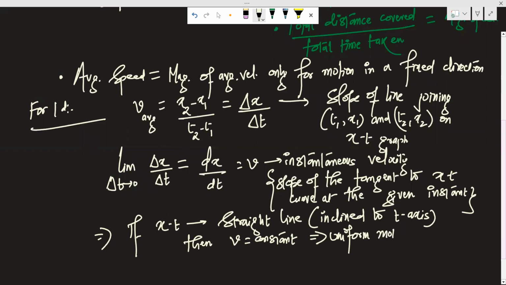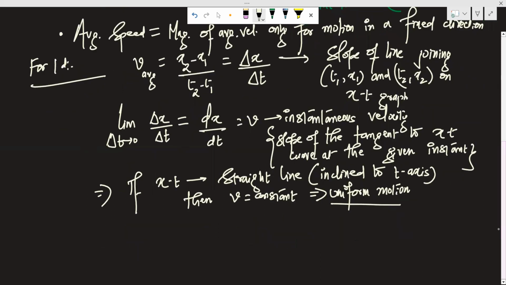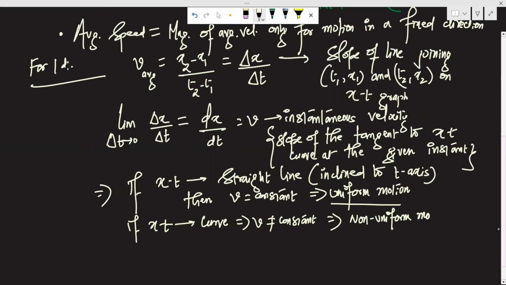Uniform motion means the object has a constant velocity in magnitude as well as in direction, meaning it will have equal displacements in equal intervals of time. On the other hand, if x versus t is a curve, it implies velocity is not constant, and then we have non-uniform motion.